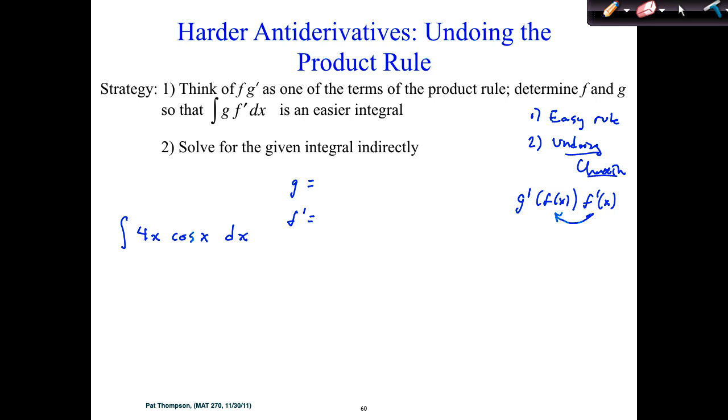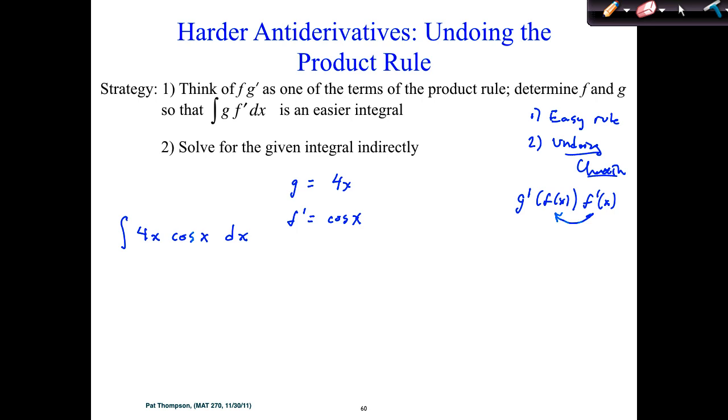Well, when we're first starting out, we don't have much experience, so we just make a guess. Just go for it, and then work out what the other integral was, the integral of f g prime. And if that other integral is easier, then it worked. So let's just go with g is 4x and f prime is cosine x and see what happens.